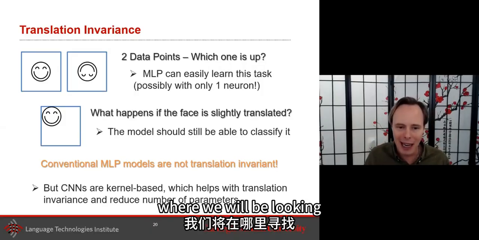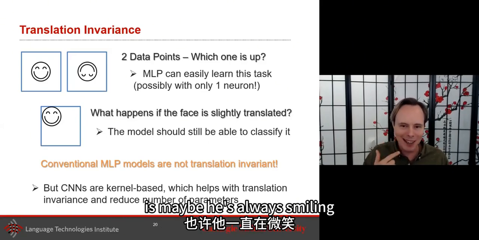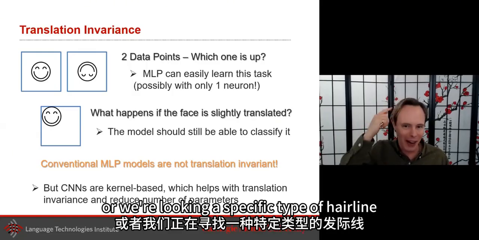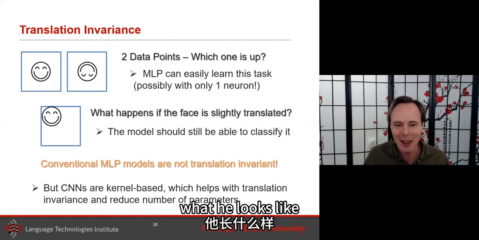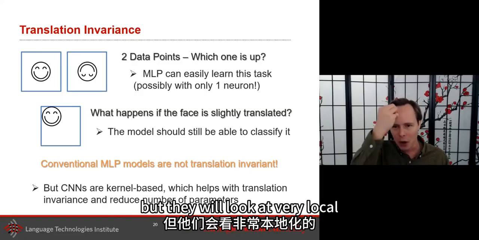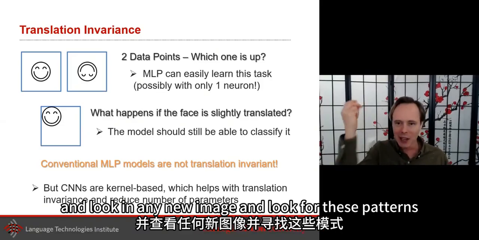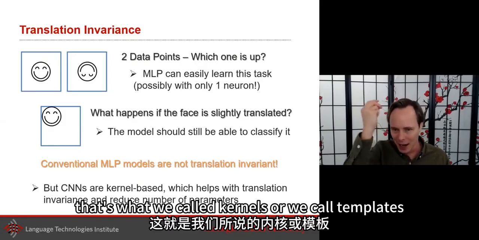For example, when we talk about LP, maybe he's always smiling, so we're looking for some smile kind of local feature, or we're looking at a specific type of hairline, or I don't know what else is typical of what LP looks like, but they will look at very local descriptors or templates of what looks like LP, and look in any new image for these patterns. That's what we call kernels, or we call templates.